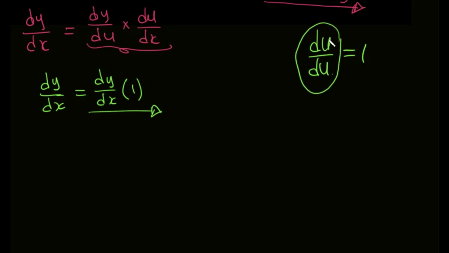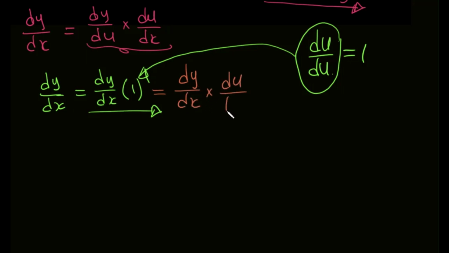That will still be mathematically correct, so we'll still be right. So we can rewrite that now as dy/dx multiplied by du/du, which is starting to look more like what we have there.